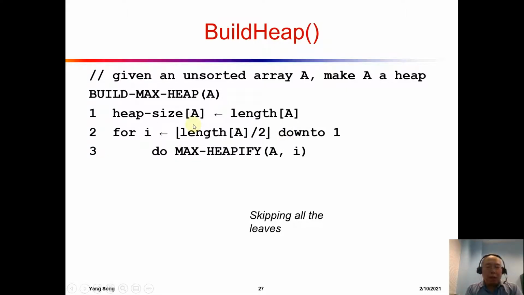The middle index will give you the first non-leaf node in the heap. We do a max heapify of that value, and then we move to the left, all the way up to the root. We only touch the first half of the nodes in the array, and then we are done. We will be able to build a heap.